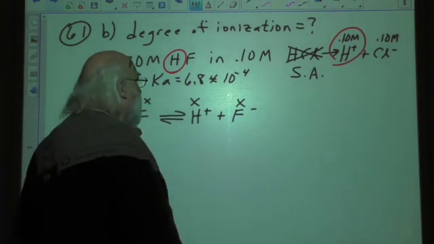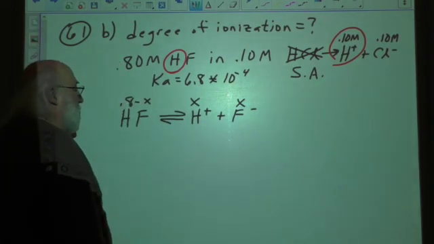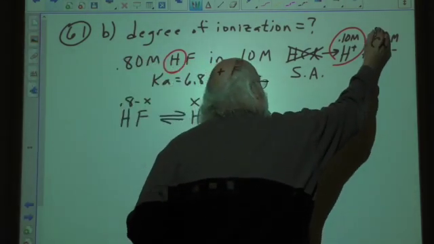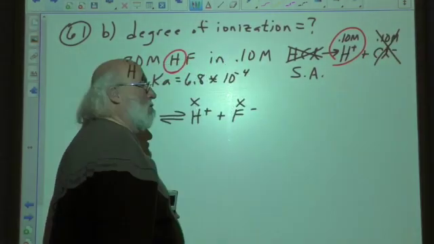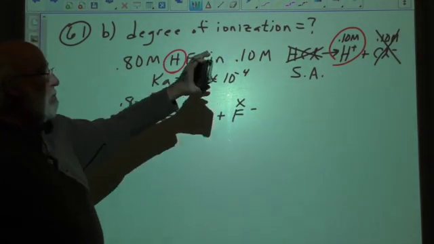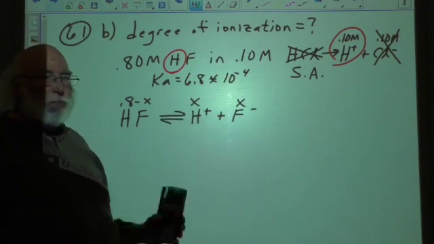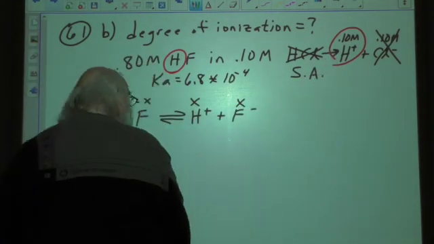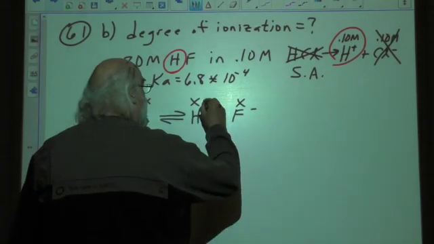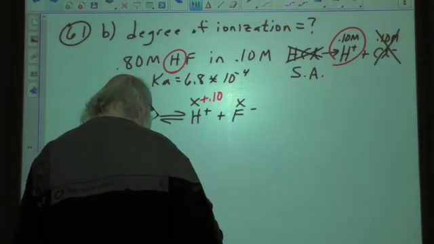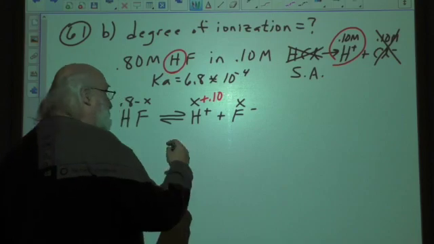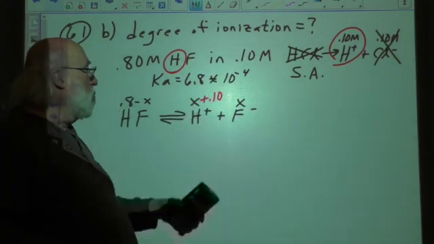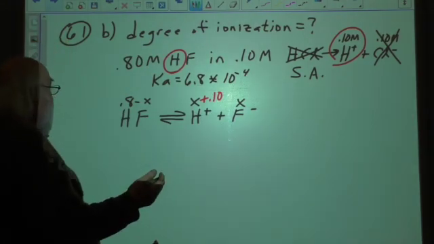But what's important about this is that the chloride has absolutely no value to this whatsoever. It's done. Because it's just sitting there. It's what we call a spectator ion. But this is important. So what we're going to do is we're going to add 0.10 because that is the total concentration of hydrogen ions in solution when mixed with that.